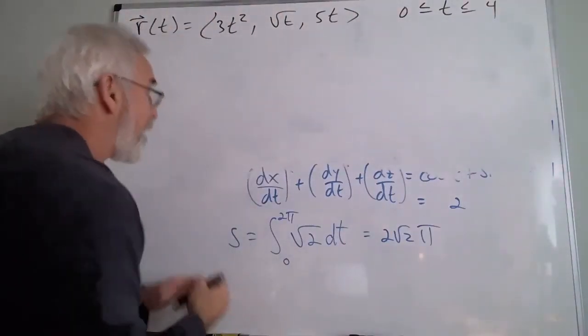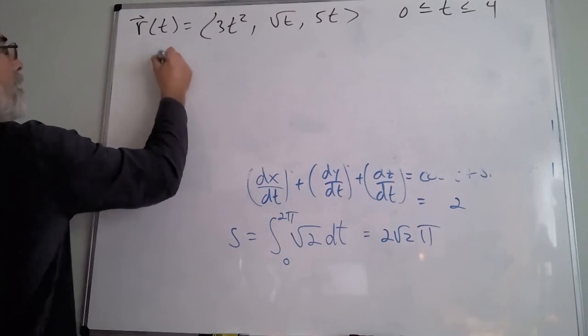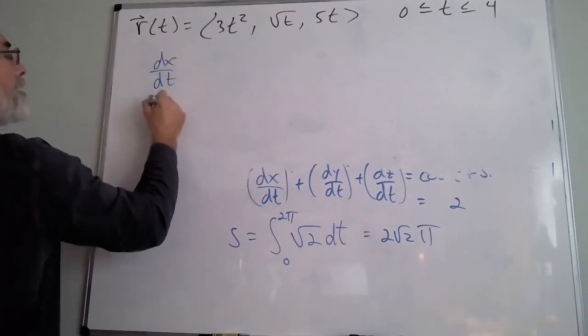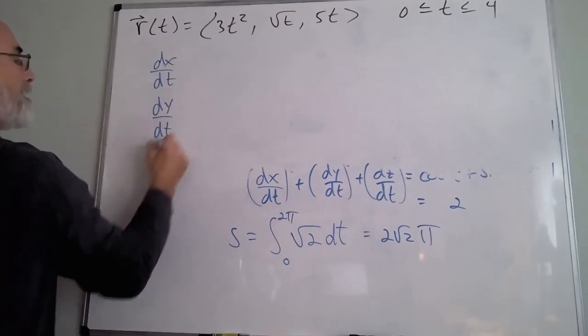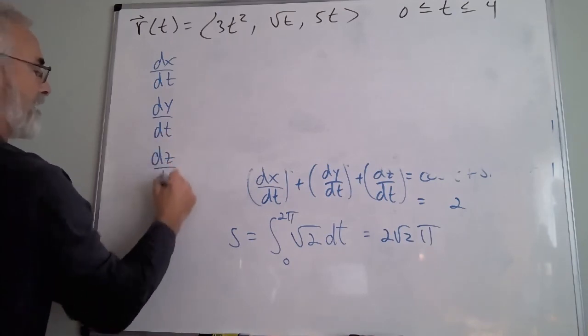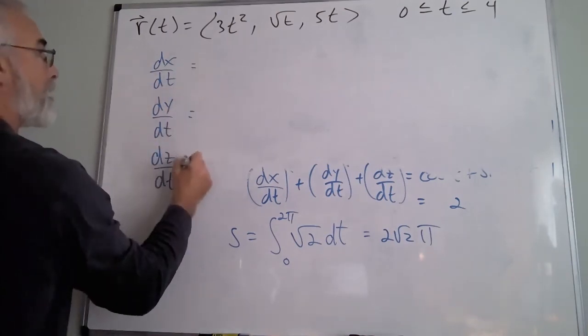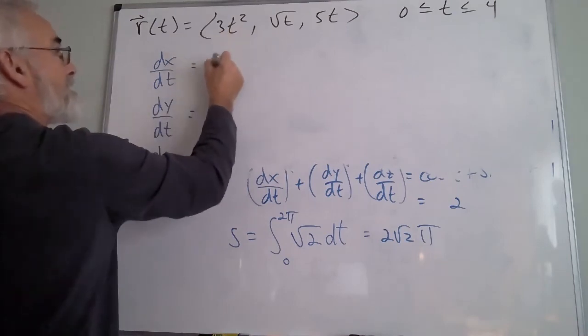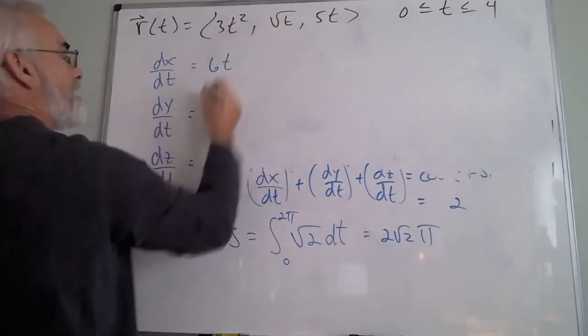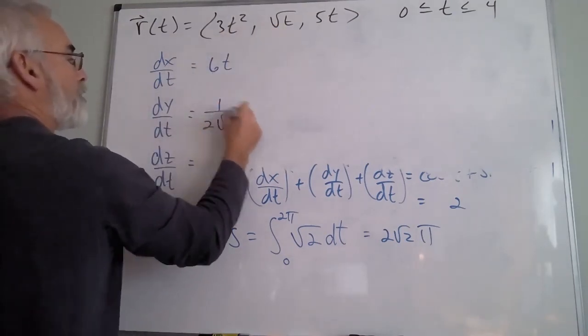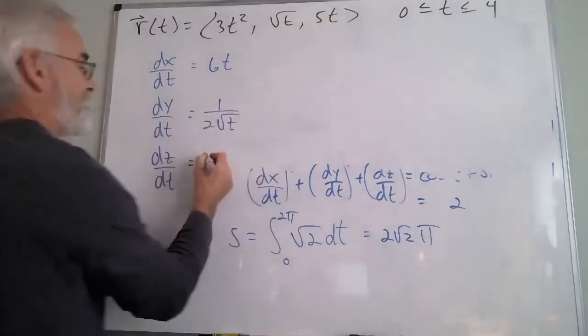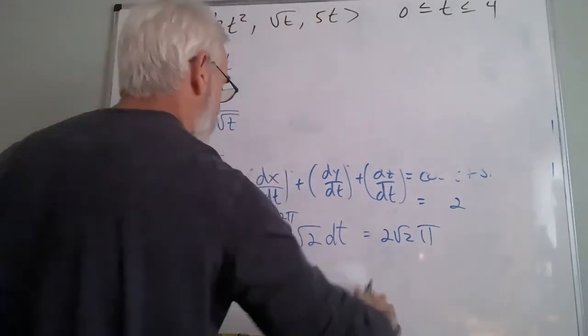So dx/dt, dy/dt, dz/dt. Let's go ahead and indicate each of these. dx/dt, that's 6t. dy/dt, that'd be 1 over 2 root t. dz/dt, just 5.